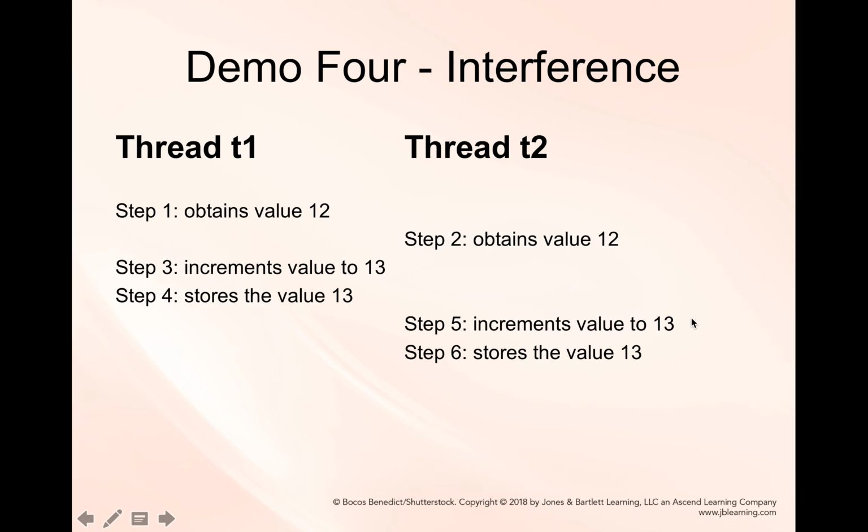Ideally the answer should have been 14, because two increments happen, right? Increment here and increment here. But since there was interleaving of the steps between these two threads, we didn't get 14, we got 13. So this is just showing how one increment could have interfered, right? Increment by thread number 1 and increment by thread number 2.